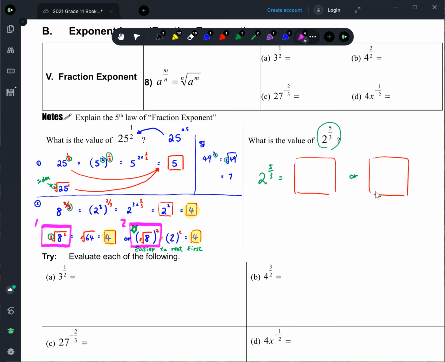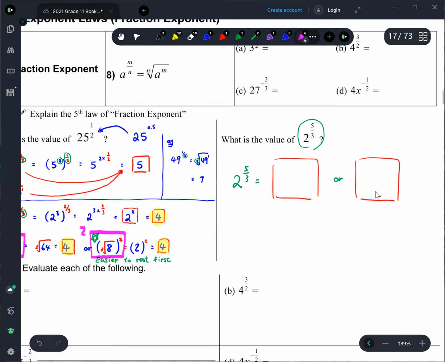Okay, please raise your hand if you are done. Okay, Cat, can you write out one of them on the screen?